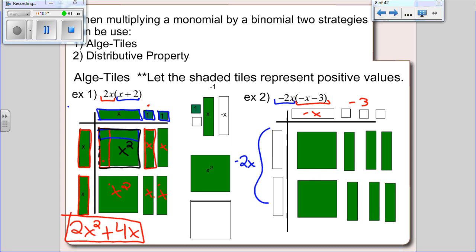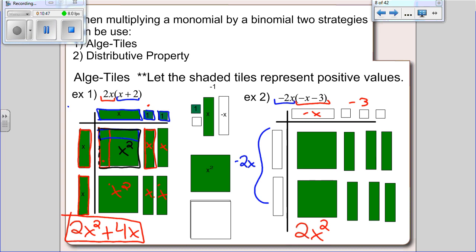The inside of this little area diagram we've made, this little algebra tile thing, the inside is your answer. So how many x squares do I have in the middle there? I have 2x squared. How many x's do I have? A lot more. At least something.